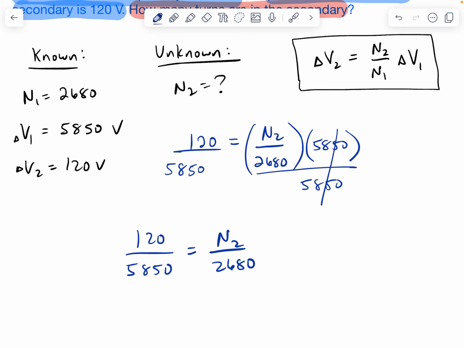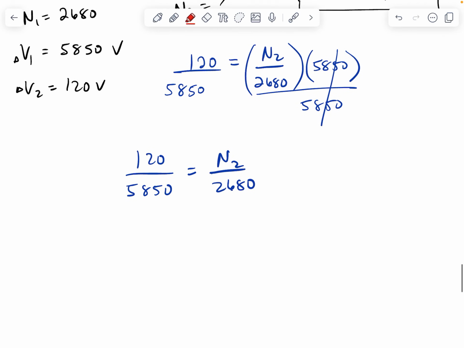All right, so now that we've rewritten that, we'll go ahead and cross multiply. So we will have 5,850 times N2 equals 120 times 2,680.